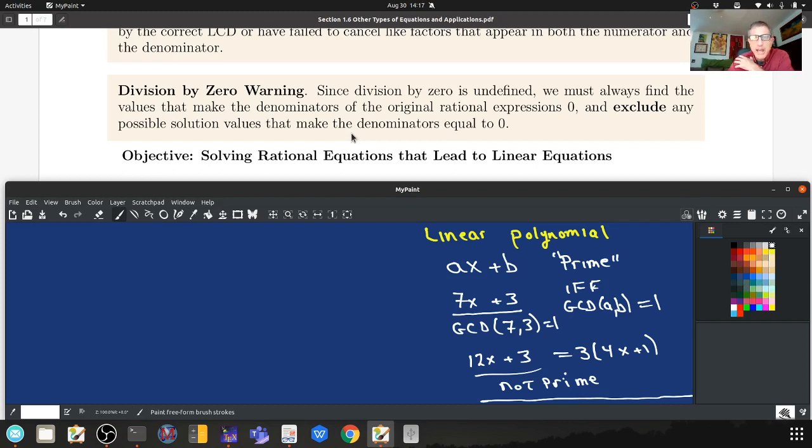And when we have a rational equation where the denominator has a variable term, which is either to the first or second power for our class, we always have to find what values make the denominator of the original rational expression 0. Many times we can find that by just looking at the LCD. And once we find that, we exclude any possible solution values that make the denominators equal to 0.